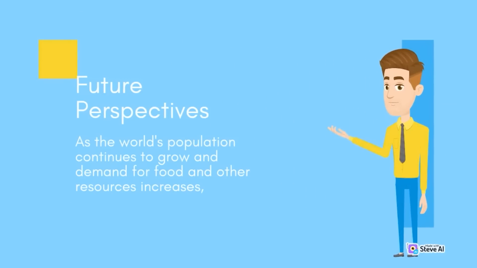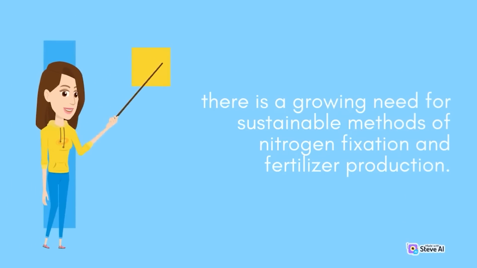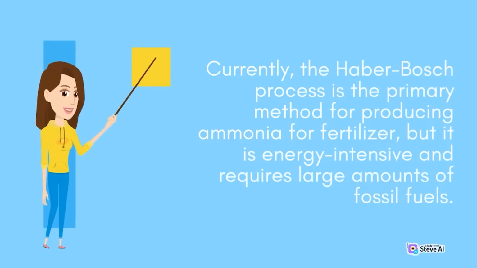Future perspectives. As the world's population continues to grow and demand for food and other resources increases, there is a growing need for sustainable methods of nitrogen fixation and fertilizer production. Currently, the Haber-Bosch process is the primary method for producing ammonia for fertilizer, but it is energy intensive and requires large amounts of fossil fuels.